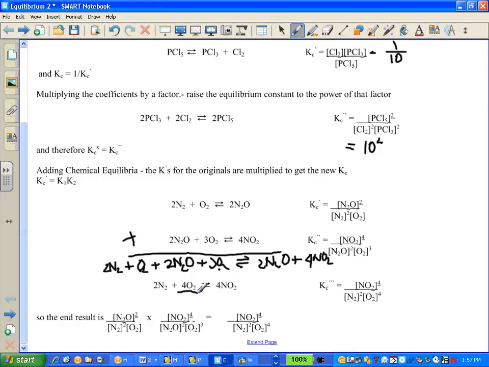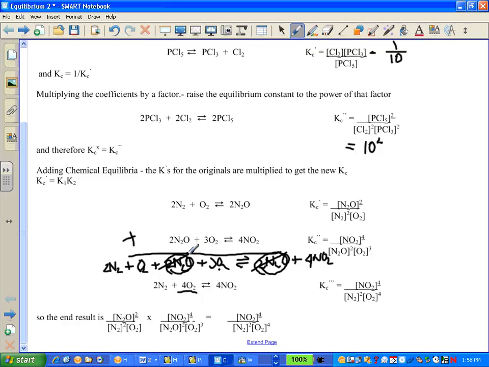The N2 has nothing on either side of the equation to simplify. And then the N2O, you've got 2N2O on either side of the equation, so this can simplify, just like it would in a math equation. So those will simplify, and we're left with 4NO2 as a product. So this is the mechanics of adding the two reactions.